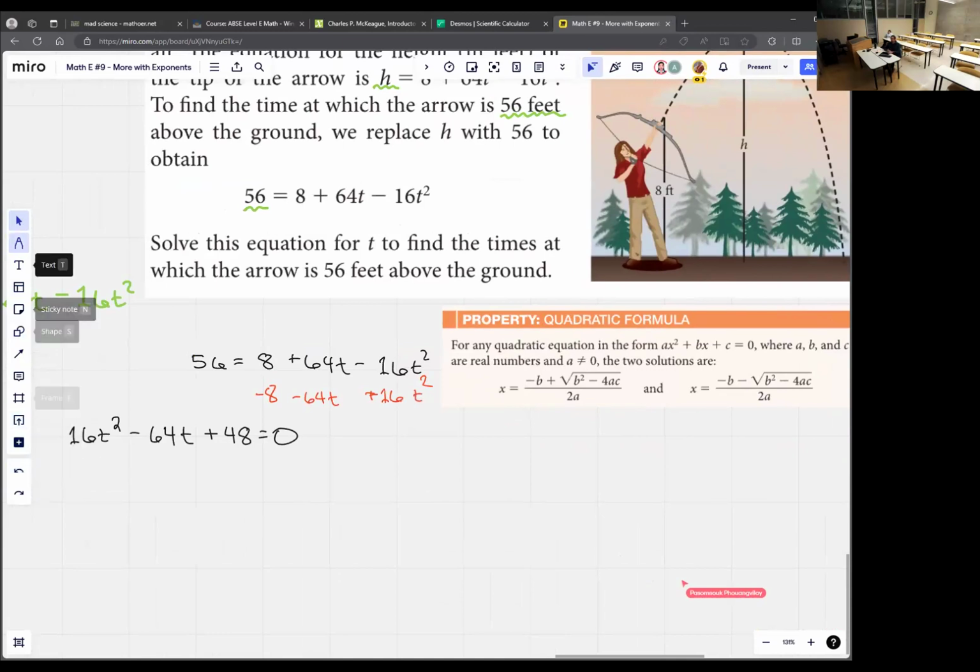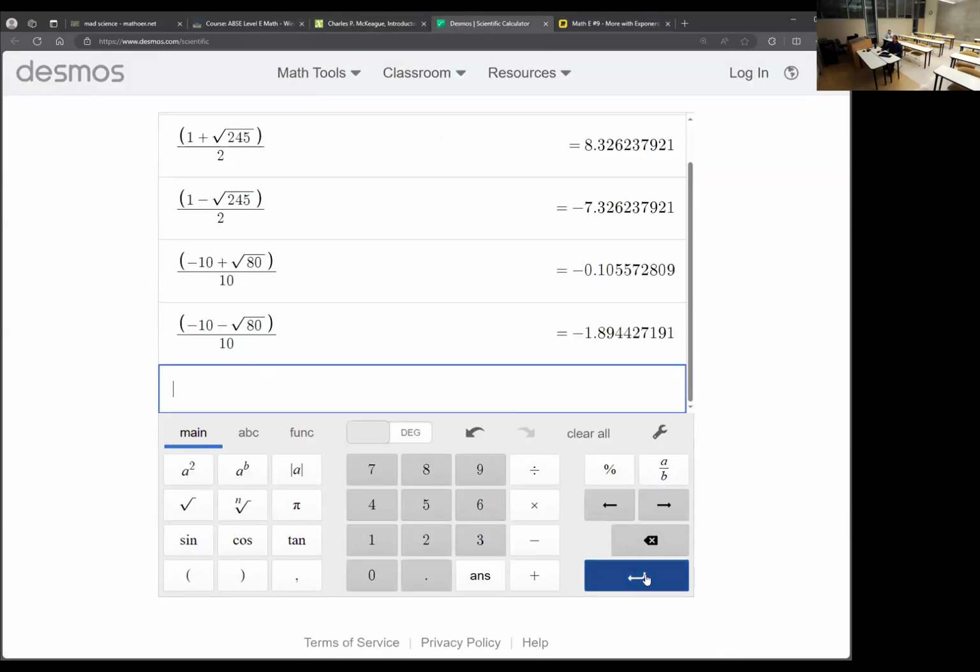Okay, so I have this one here. What is my A? What is my B? What is my C? A is 16. B is negative 64. C is 48. I also like doing a 4AC, so 4 times 16 times 48. Oh, and my keyboard's not working.